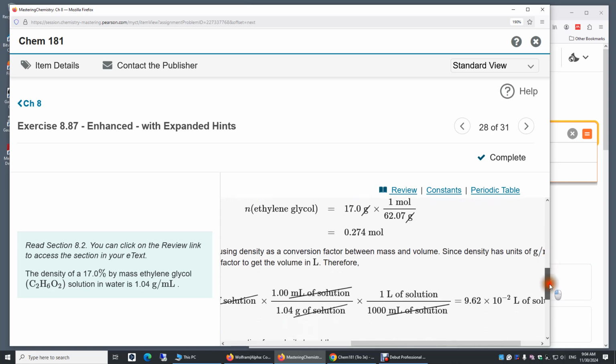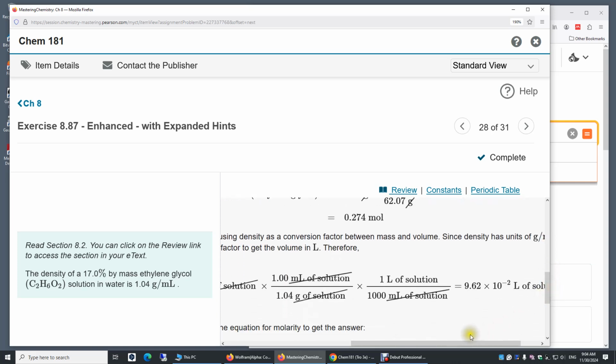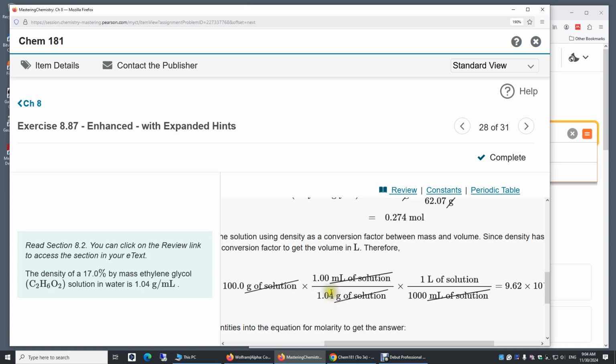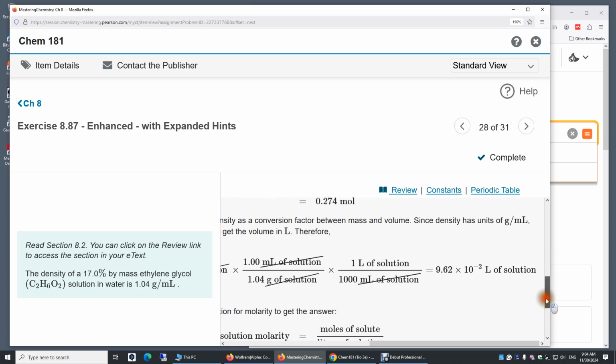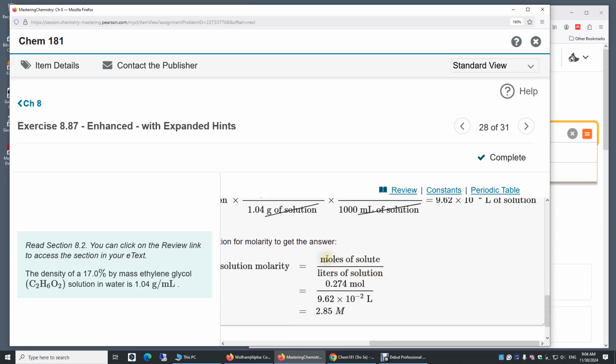What about the volume of the solution? Well, it's just the mass over the density, and finally we convert milliliters to liters. And finally, the equation for molarity is the number of moles of solute divided by the number of liters of solution. We get 2.85.